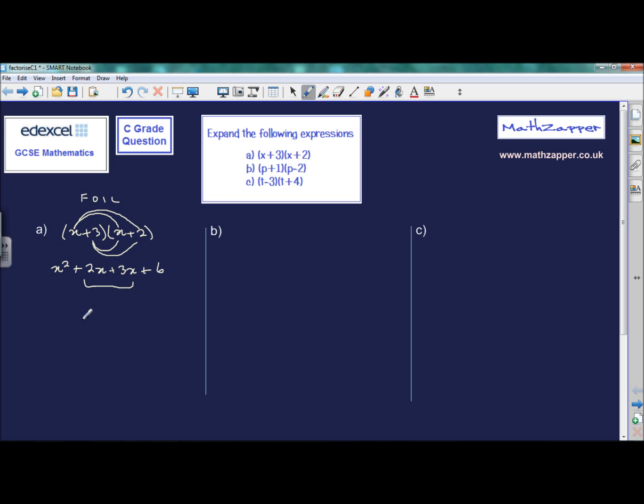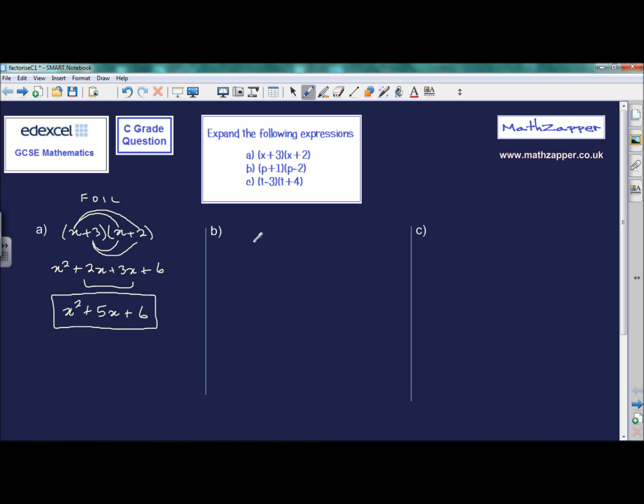We can add those because they are both terms in x, which gives us x squared plus 5x plus 6. And we've expanded the first expression using the FOIL method. Fairly quick, fairly simple, but mistakes can be made on that one.